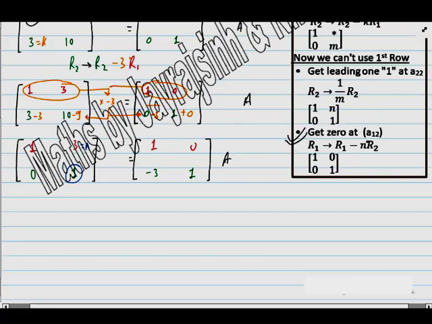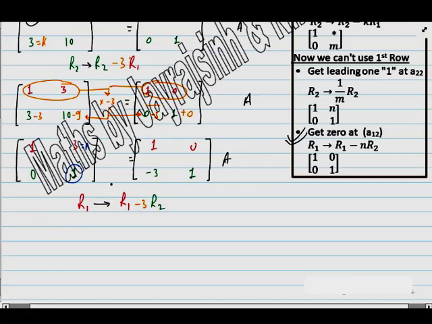In fourth step we need to get 0 at A12, and for that we are going to take operation R1 gives R1 minus n, which is 3R2, right?